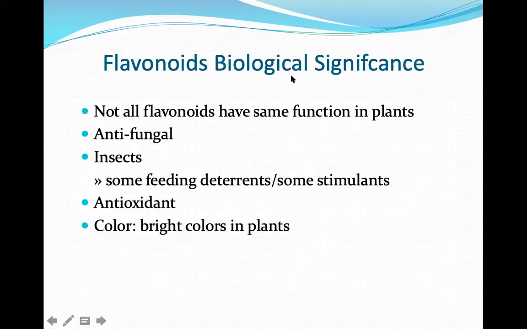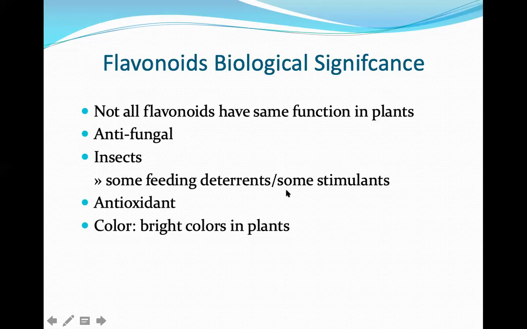Flavonoids are biologically very significant. Not all flavonoids have the same functions in plants. They have various functions, for example antifungal. Yesterday someone asked me whether flavonoids have any antimicrobial activities. Yes, flavonoids have mostly antifungal activity, and obviously some inhibitory activities against other microorganisms. They are also inhibitory against insect feeding.